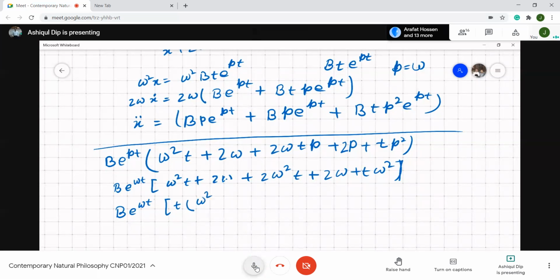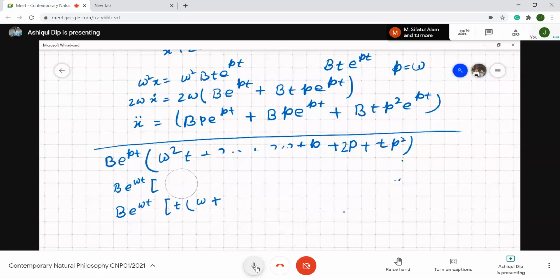Omega square plus 2 omega p plus p square equals 0. Which term are you trying to consider? This one 2 omega t p, it will be just 2 omega p.